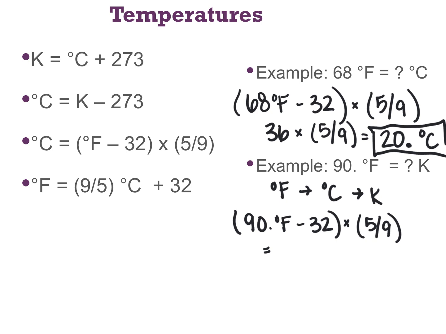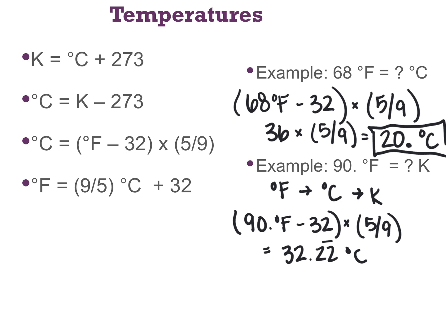32. Okay. 32.22222. Okay. Are you getting 32.22? Okay. And we don't want to round to the very end. Okay, so you can keep your calculator with all of its 2's. Okay. So that's going to be degrees Celsius.